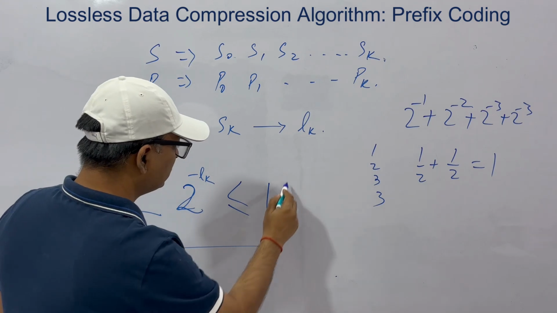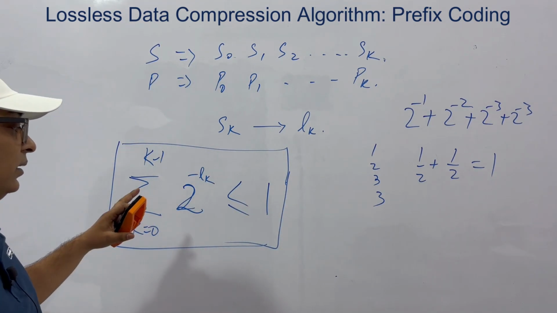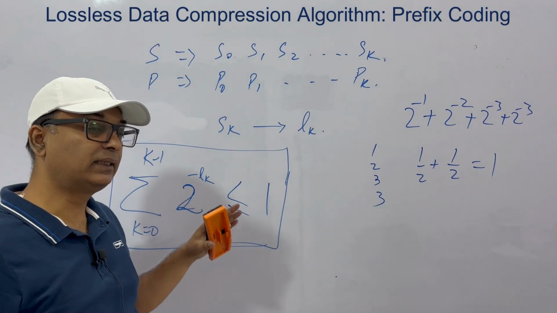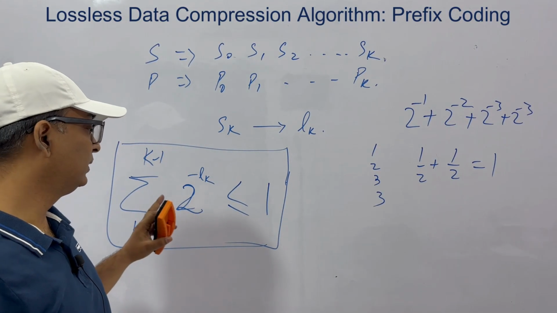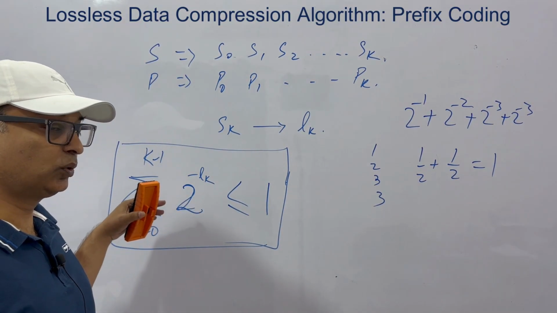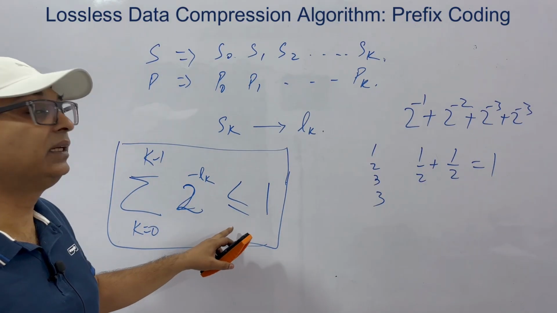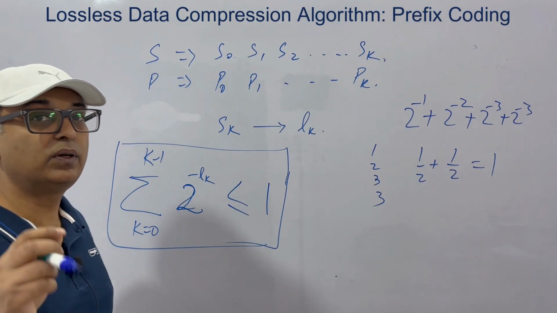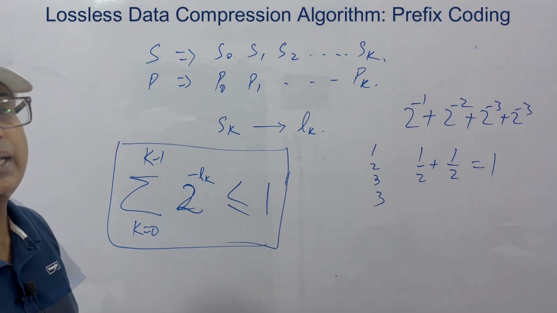This expression is called Kraft inequality, and for lossless data compression, this has to be fulfilled. When the code words fulfill this inequality, then only you have lossless data compression. Clear? This is Kraft inequality.